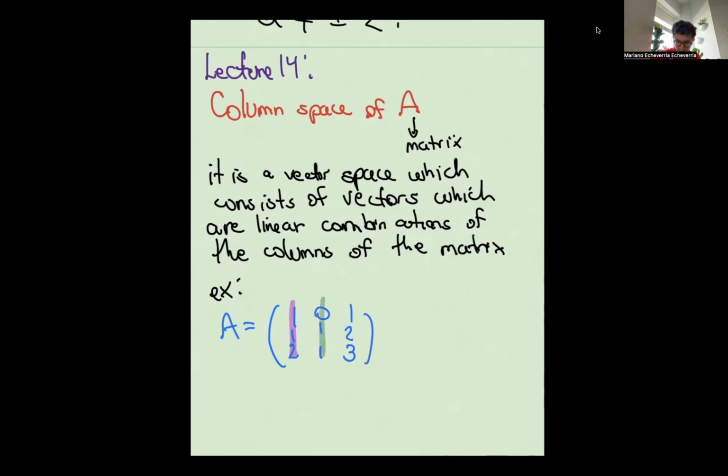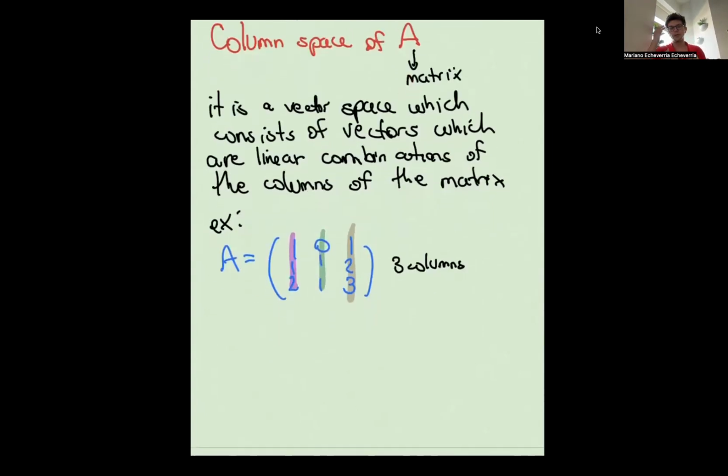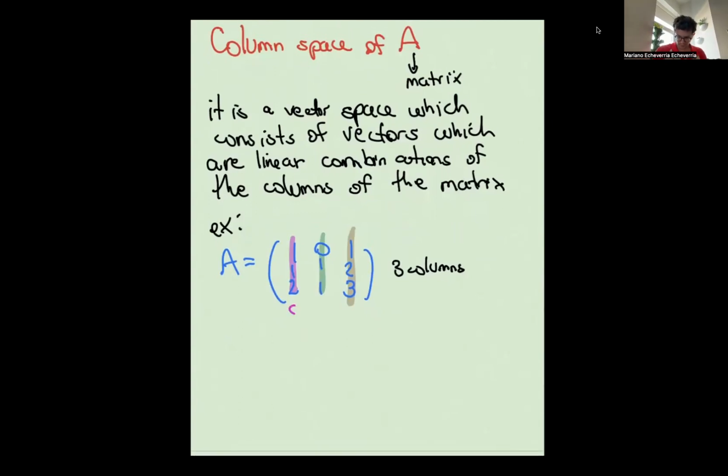Column 1, column 2, column 3. So this one has three columns, and we can call them column 1, column 2, and then column 3. So a vector in the column space is just a vector that is a linear combination of these three.